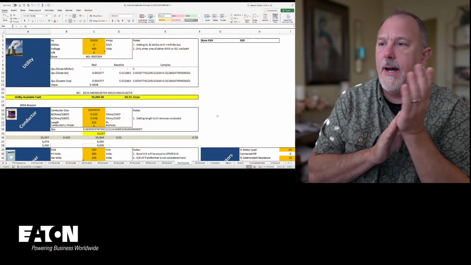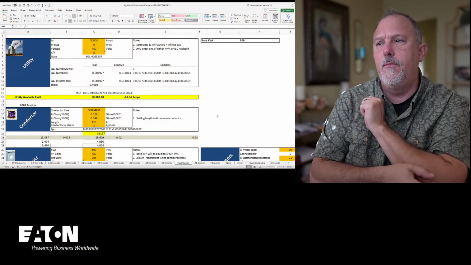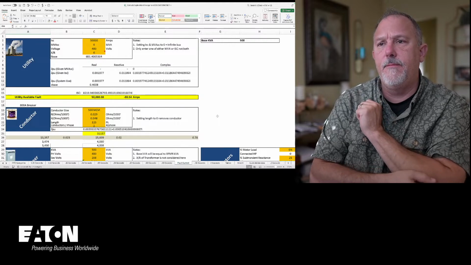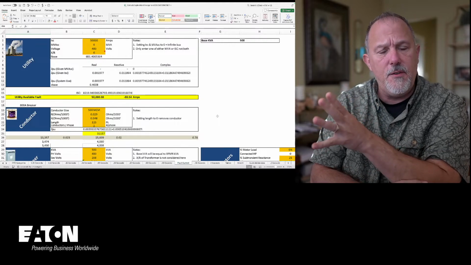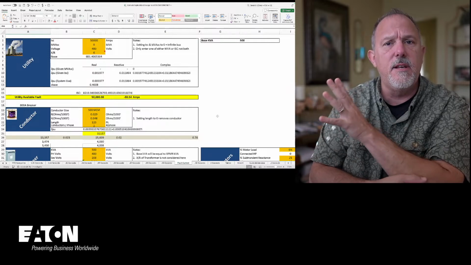took our calculations and I put together an Excel spreadsheet, fault current. So I took the same example and I ran... you might remember seeing this Excel spreadsheet.